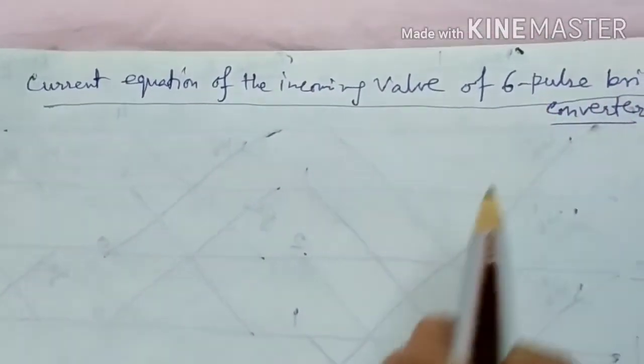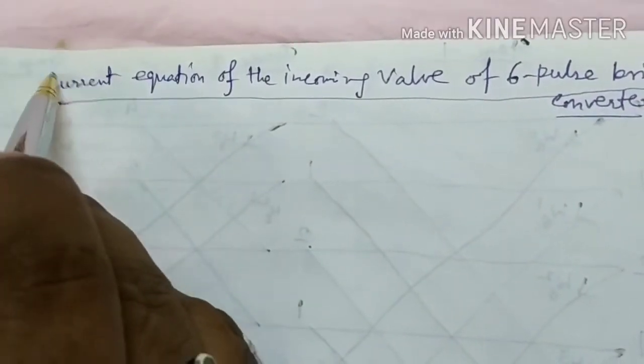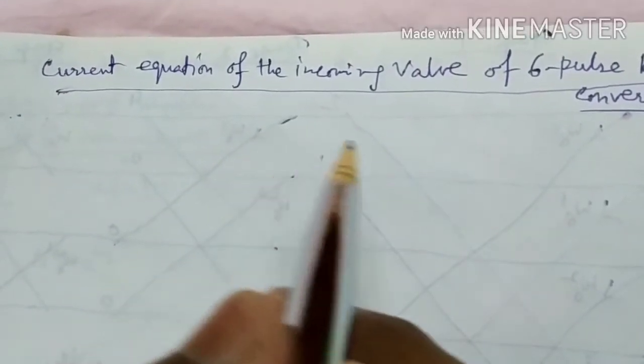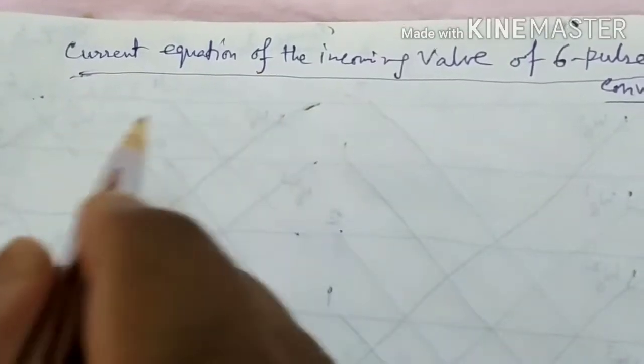For the 6 pulse bridge converter, that is the current equation. That is a very important topic in HVDC transmission system. So what is the current equation?